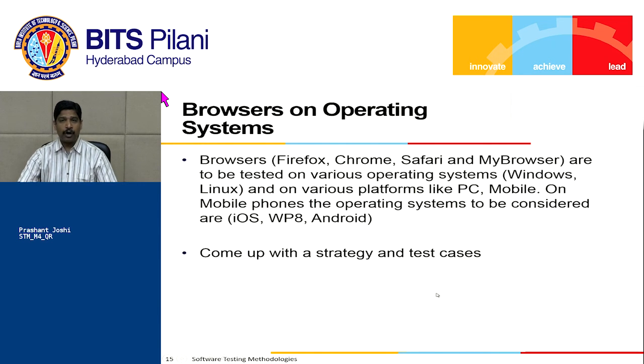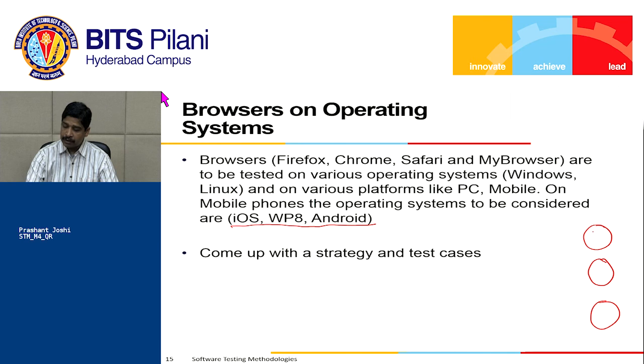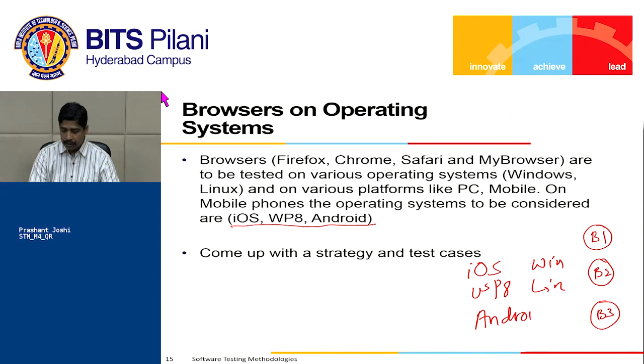Again, this was the interoperability view that we looked at, and we extended this further in this particular assignment where we look at not only the desktop but also the mobile phones. Thus, you can imagine browsers. So we have browser B1, B2, B3. This on platforms like Windows, Linux, and then mobile phone platforms, which are 3 of them, 1, 2, and 3.